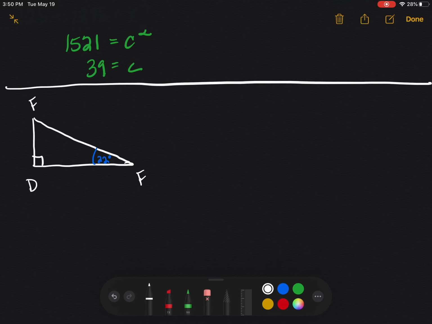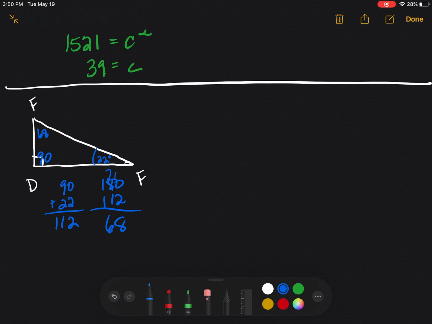Let's talk about this for a second. If I know that this is 90 and the other one is 22, I can find the other angle by subtracting from 180, because there's 180 degrees in each triangle. That's going to give me 68. That means this angle is 68.